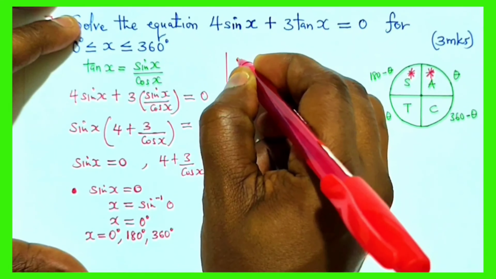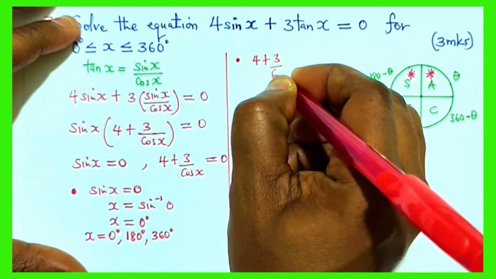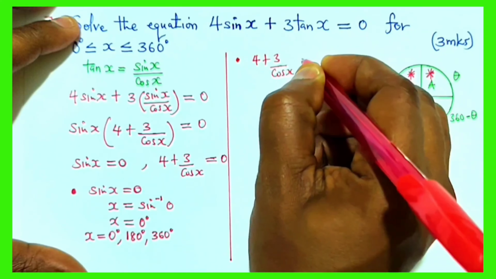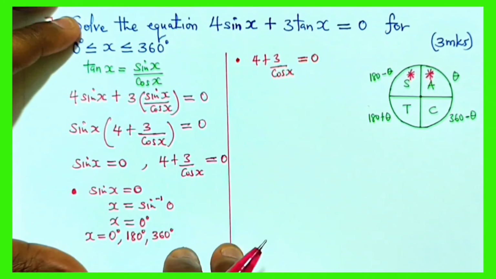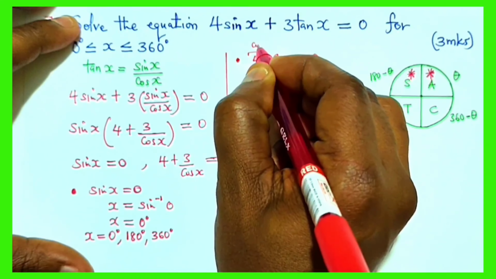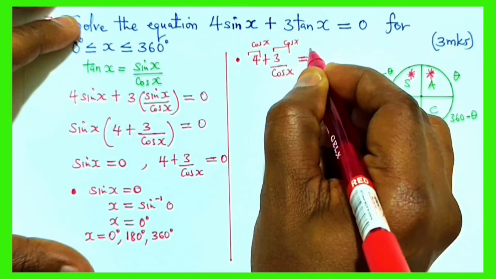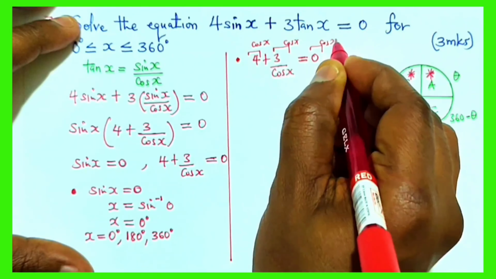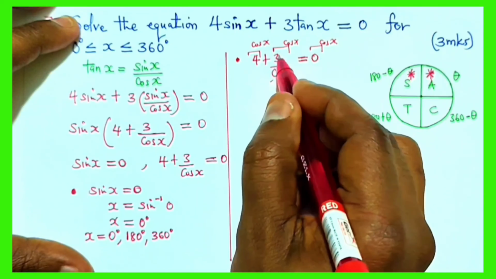For the second factor, where we are having 4 plus 3 divided by cos x to be equal to 0, let's make cos x the subject here. We can decide to multiply each term by cos x so that we eliminate cos x in the second term here.